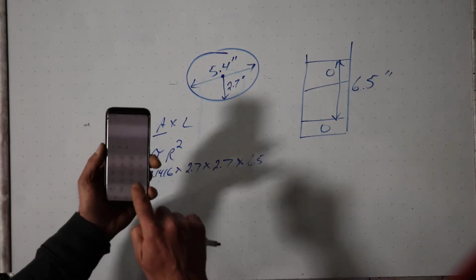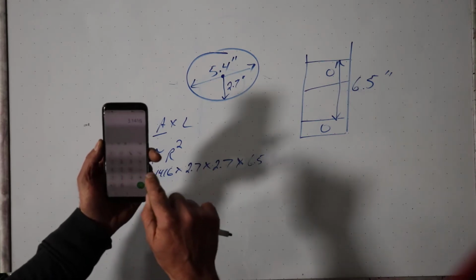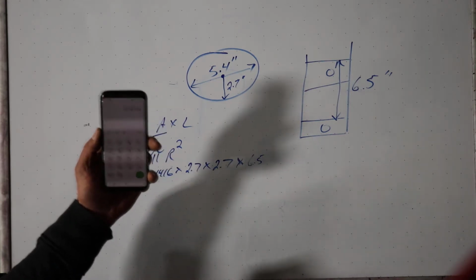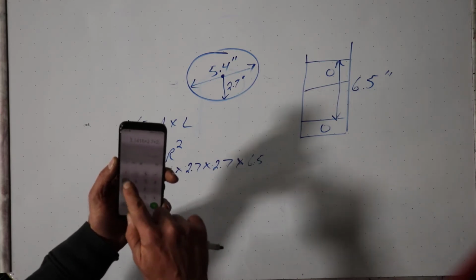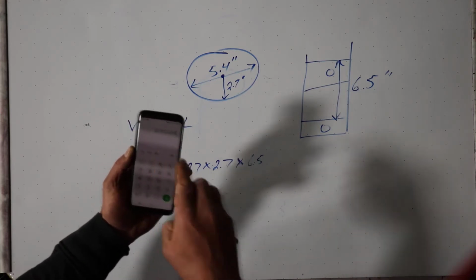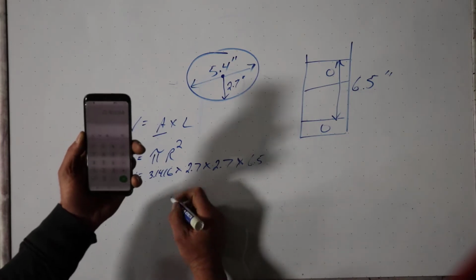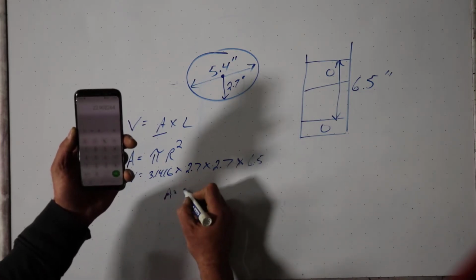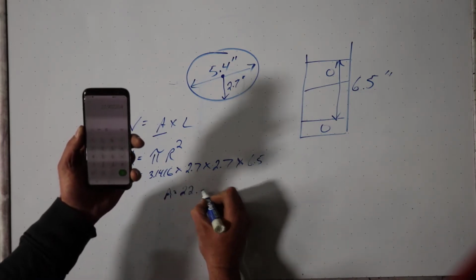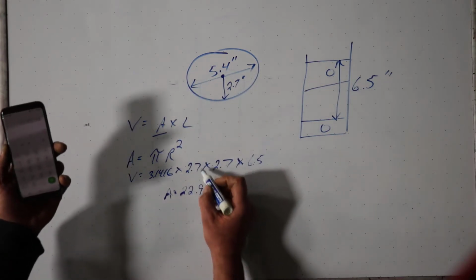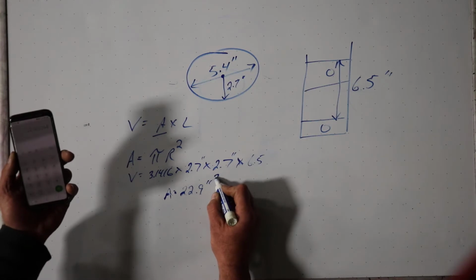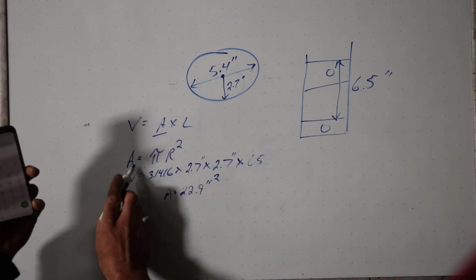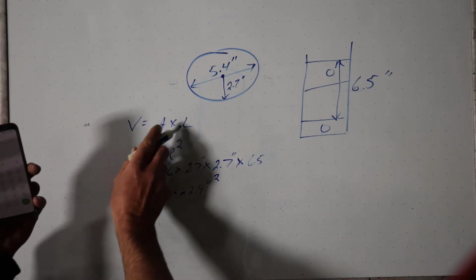So let's just do that. 3.1416 times 2.7 times 2.7. I'm just going to hit equals: 22.9. So the area equals 22.9. This is inches times inches, so that's inches squared. Now we know the area. We can times it by the length.